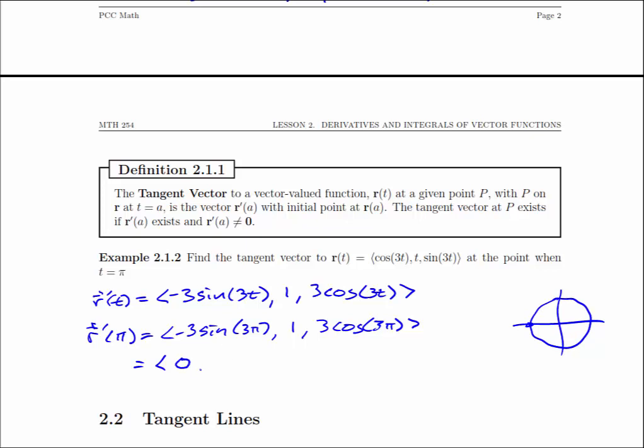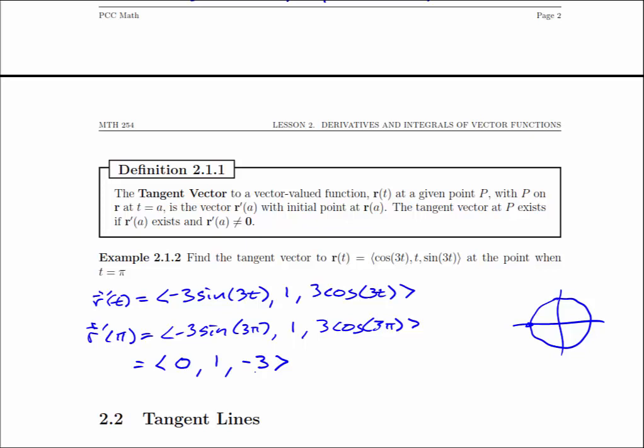So negative 3 times 0 is 0. 1, 3 cosine of 3 pi, that's negative 1. The cosine is the x value here, so we get negative 3. So if I were to graph this vector valued function and then look at the point where t equals pi, then the direction of the vector valued function at that point would be this direction right here.